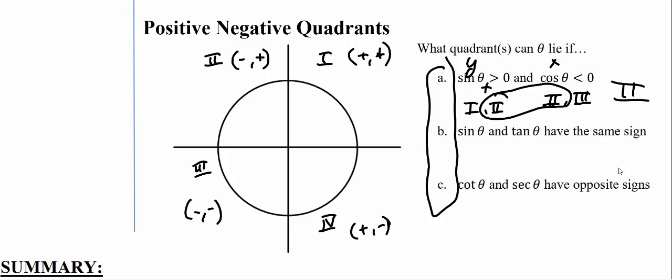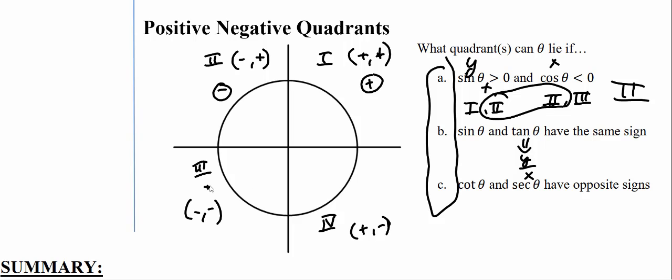Okay? So sine of theta and the tangent of theta have the same sign. Sine of theta, we already have that down. But tangent of theta, remember, is equal to y over x. So if I come back to my graphs here, tangent of theta is going to be positive in the first quadrant. It's going to be negative in the second quadrant.